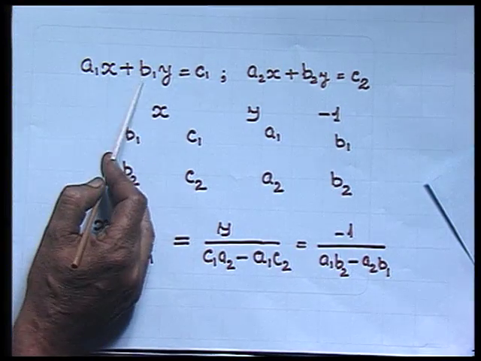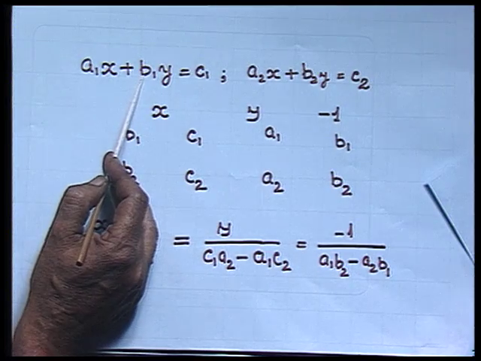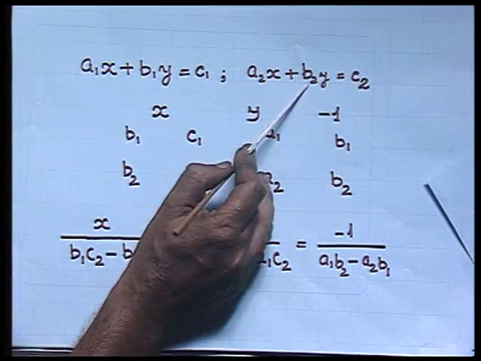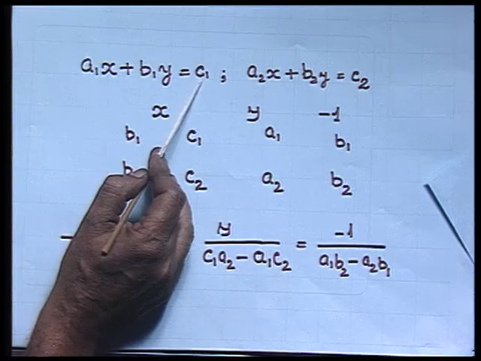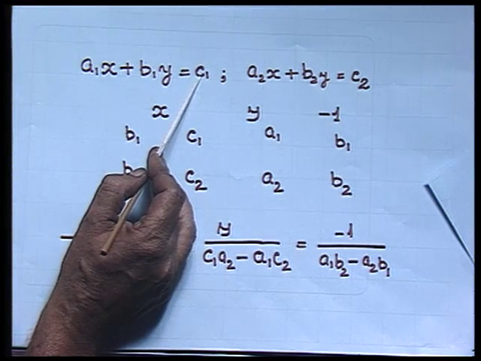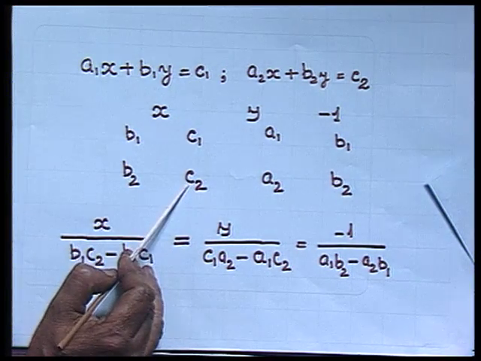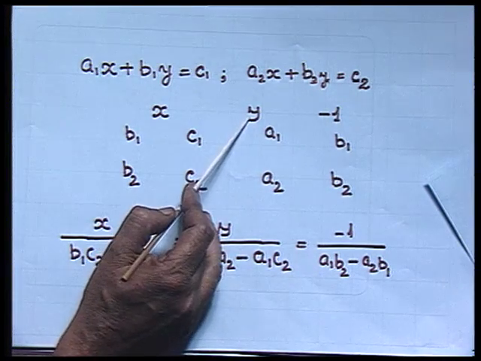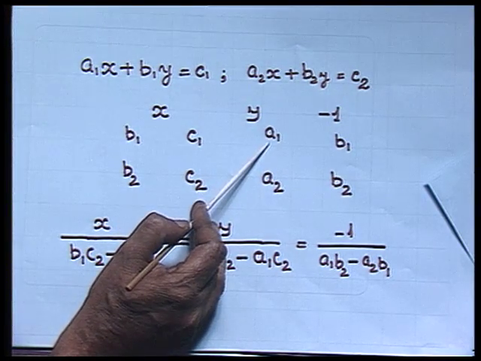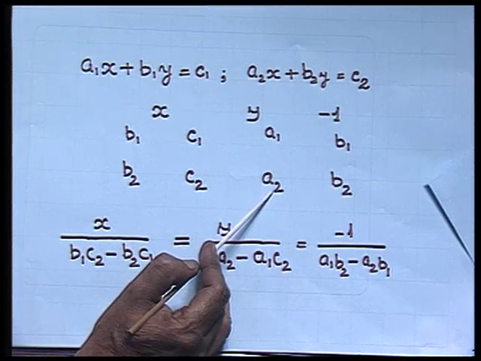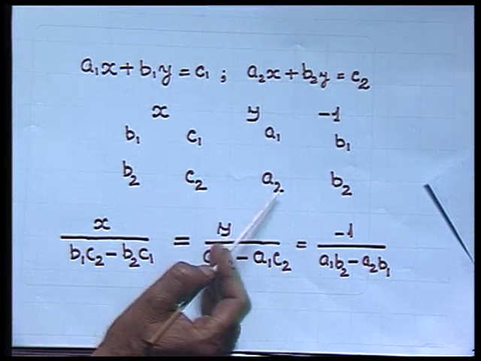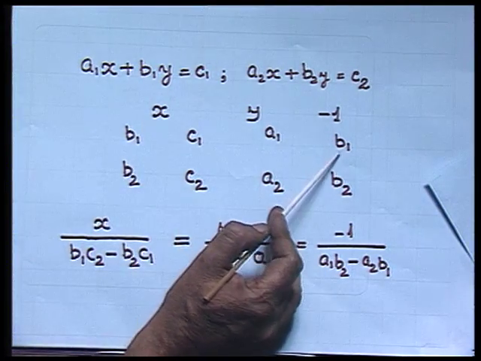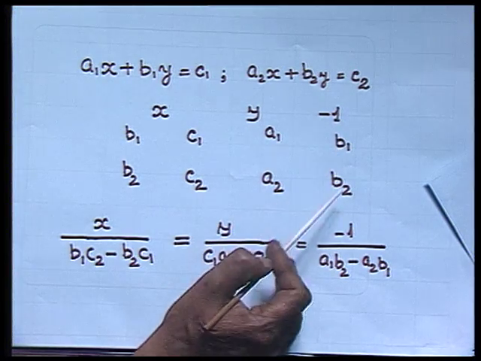Below x, we write the coefficients of y, that is b1 from here and b2 from there. Then constant terms which are c1 and c2. Then y, this is the coefficient of x, and this is the coefficient of x from the second equation, and then we repeat the coefficients of y, that is b1 and b2.